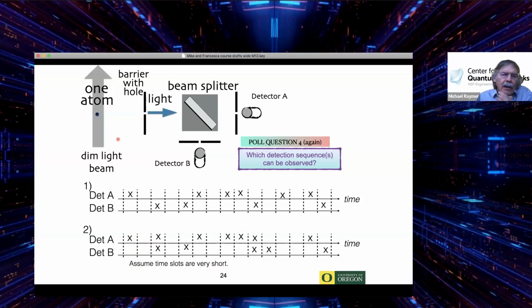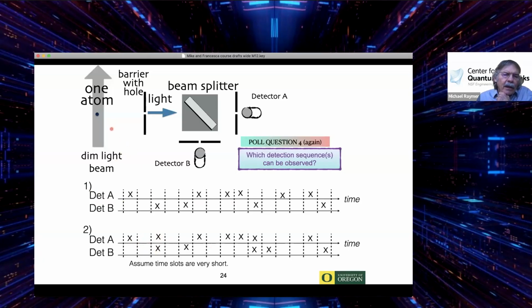As we make the light beam dimmer and dimmer, what the experimenters found is that the correct answer is 1, the top possibility. If you have very bright light, you can see the possibility of number 2, which means both detectors could click at the same time.